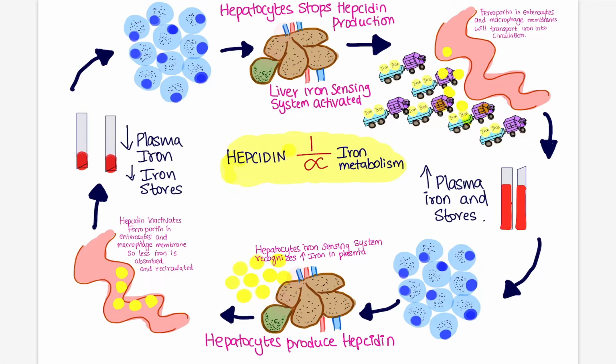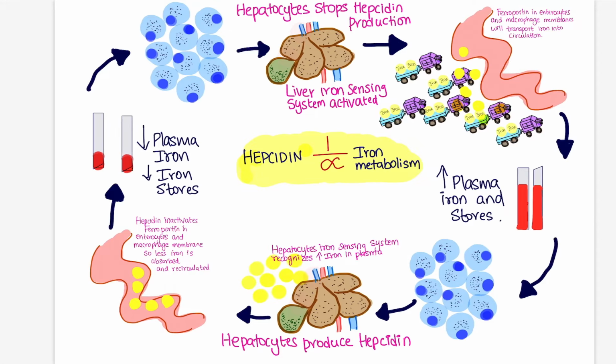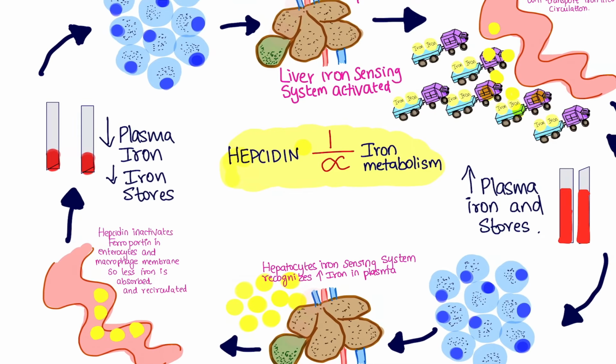Okay, so this is a busy slide which gives you all the information that you need to know about iron metabolism and the important role of hepcidin. So for example, let's start from here.